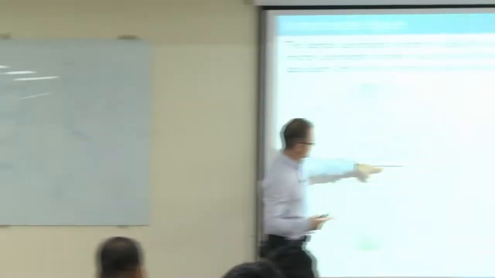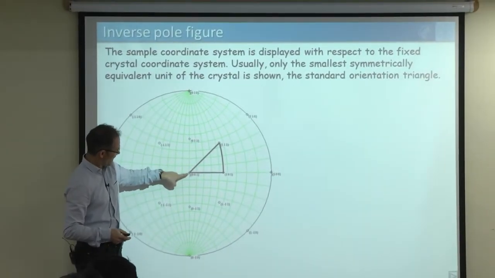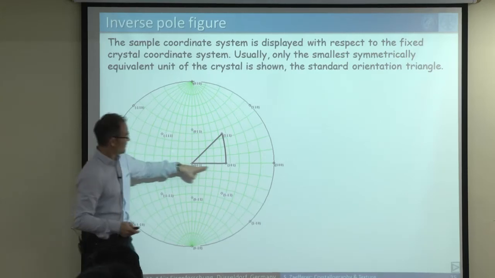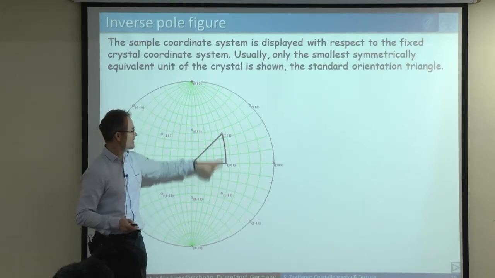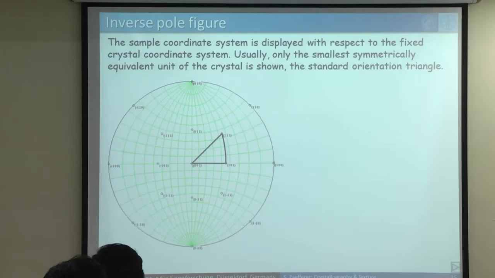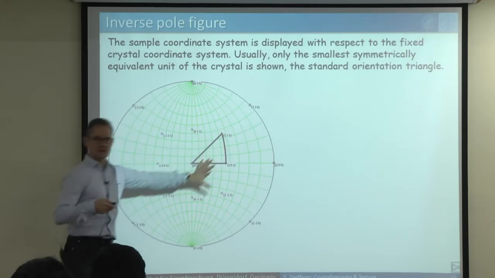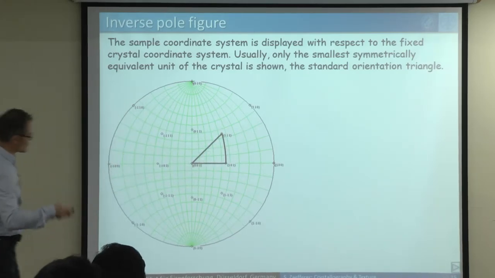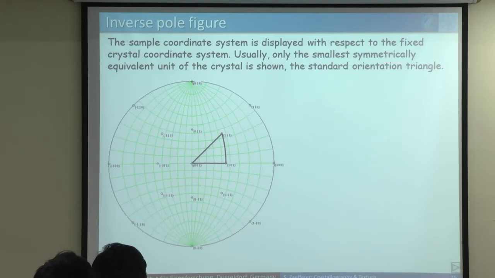That means we limit ourselves to this little triangle where there is only one 101 position, one 110 position, and one 111 position. This is the so-called asymmetric crystallographic unit, or the asymmetric orientation triangle, or the unit orientation triangle. There are a number of words. Oh, standard orientation triangle, this is the word. So in order to solve the problem that two symmetrically equivalent things appear at different places, we are all plotting into this standard orientation triangle.